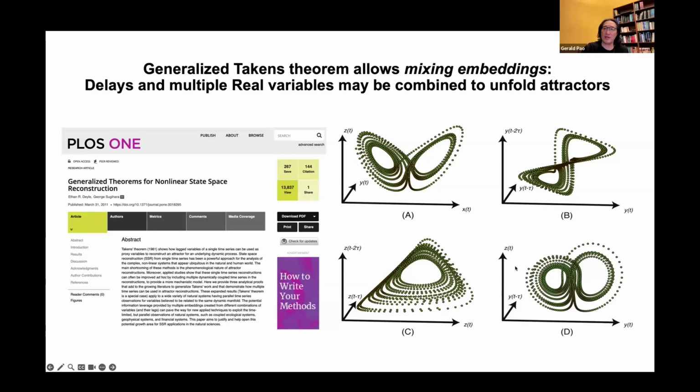For example, here you can see we take the real variable z, the real variable y, and a delay of y, and it's still diffeomorphic. It's basically still a stretched form of the original one, just stretched in a different way. You can see that it's still diffeomorphic if you mix real variables and delays.